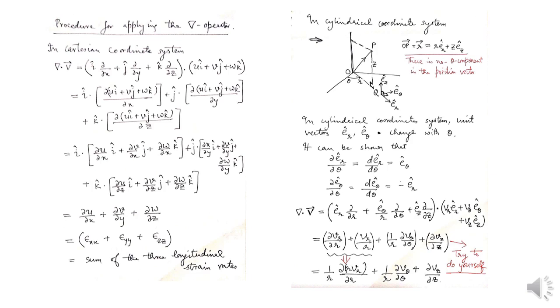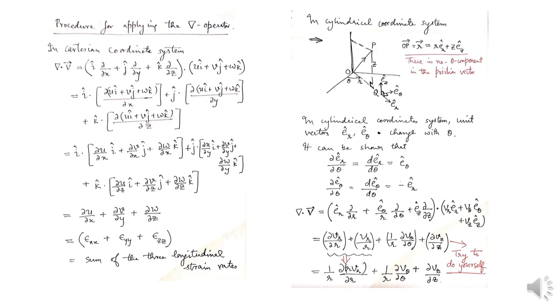So R is the radial coordinate of point P. So it will be the projected length of the OP vector in the horizontal plane, and then if you add this QP vector, which is nothing but the ZEZ vector, the position vector OP becomes RER plus ZEZ.